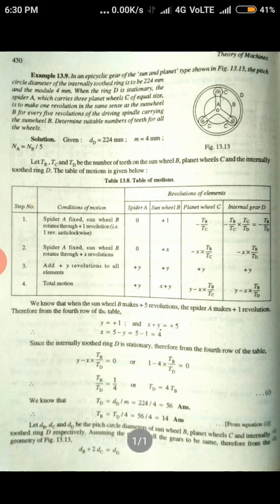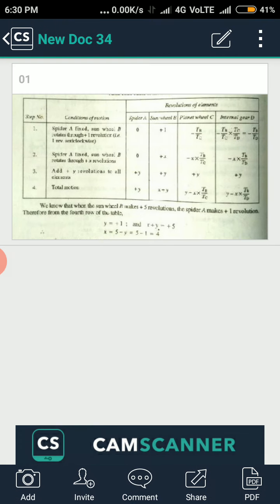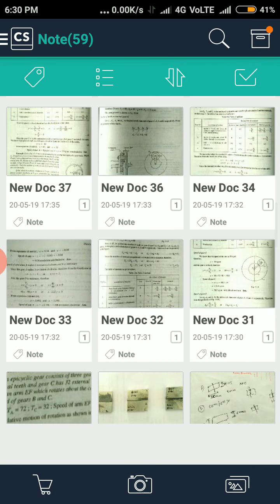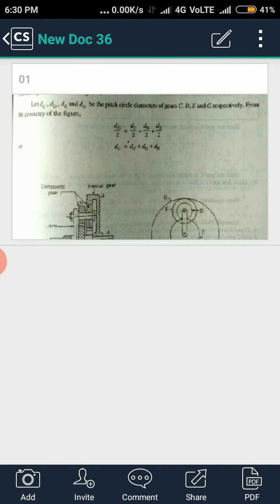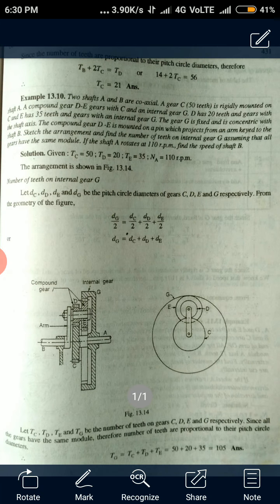Just replace those by number of teeth: TB plus 2TC equal to TD, as radius and teeth are directly proportional. TB is 14, TD you already know is 56, and TC we have to find. So how much did you get for TC? TC you got as 21.